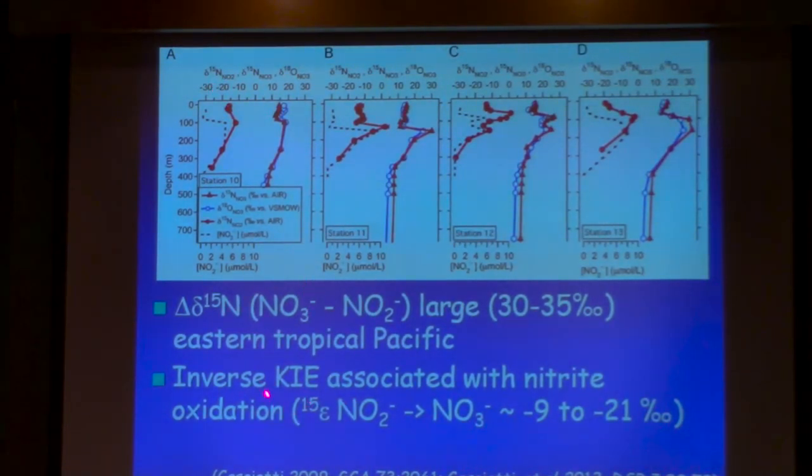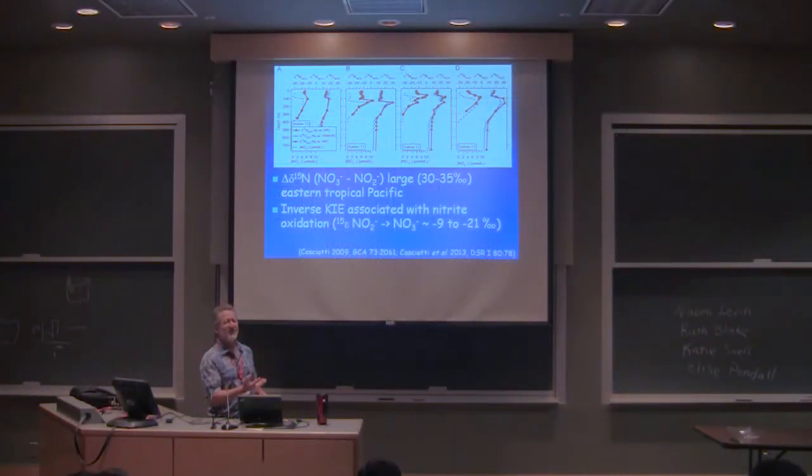And what's observed is an inverse kinetic isotope effect associated with nitrite oxidation. It ranges from 9 to 21 per mil. It can be really large. Well, we'll look at nitrite reduction in Anammox. It goes even higher under those conditions.